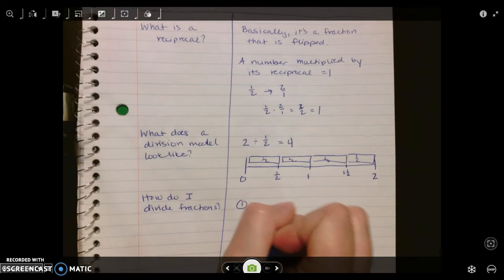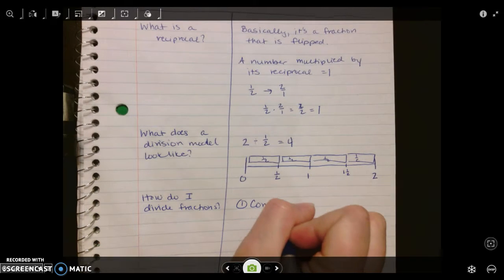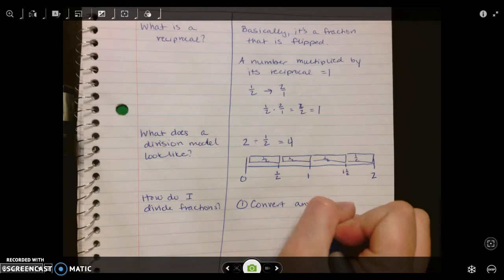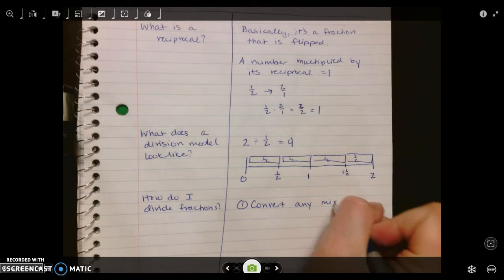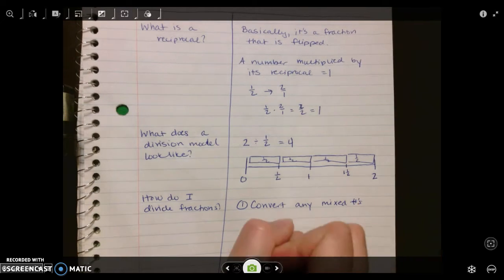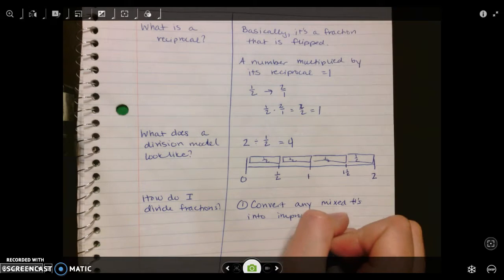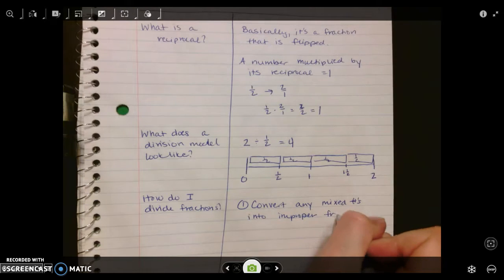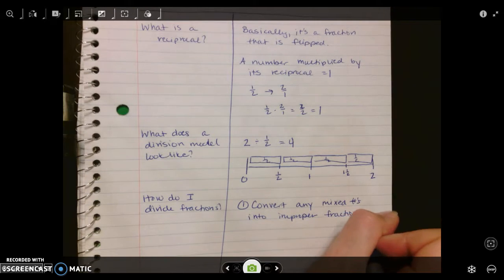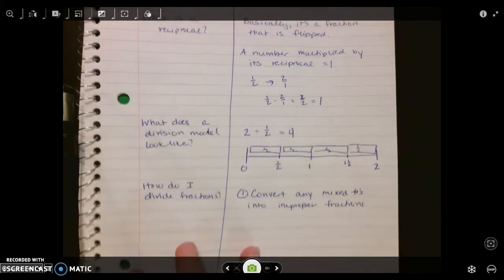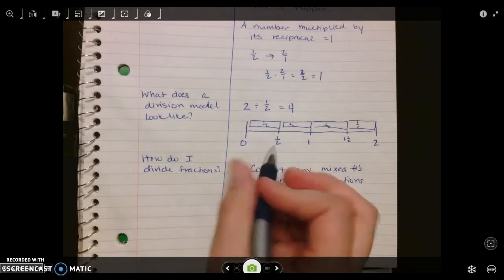First step, as always, you want to convert any mixed numbers into improper fractions. We can't just group and divide. We need to make sure that we are always converting so we have the same form of the number.